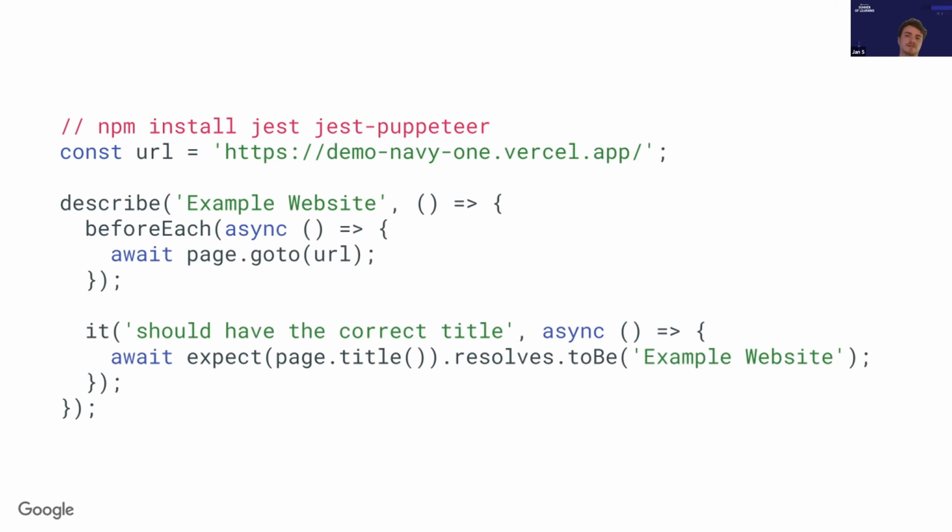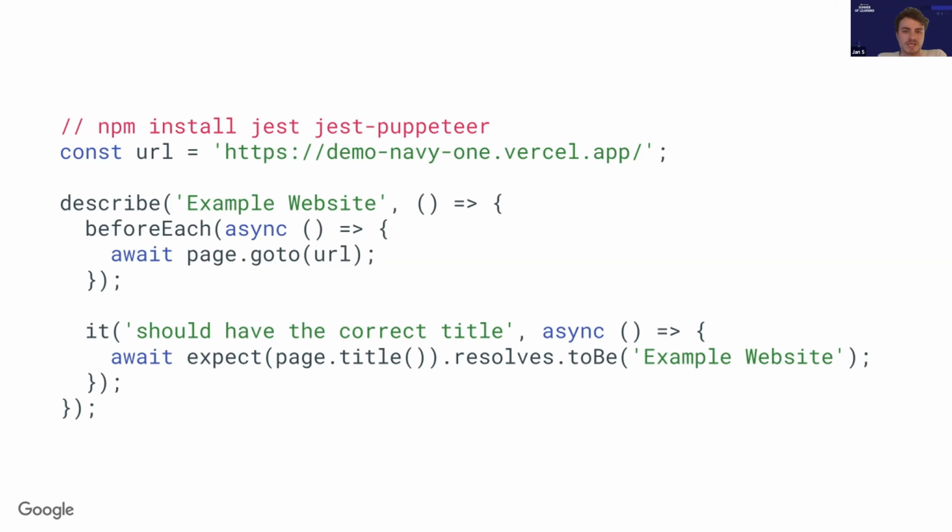Then as a first test, I want to make sure that the page has the expected title. So I use the page.title function to get the title, and this will return a promise, and we wait for it to be resolved to something and expect it to be example website.